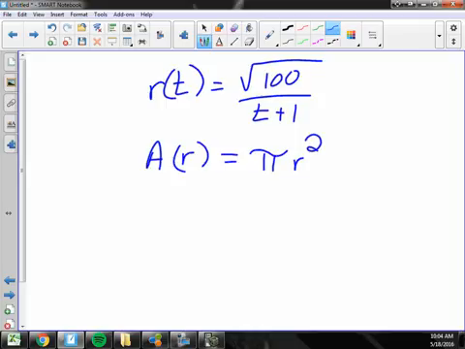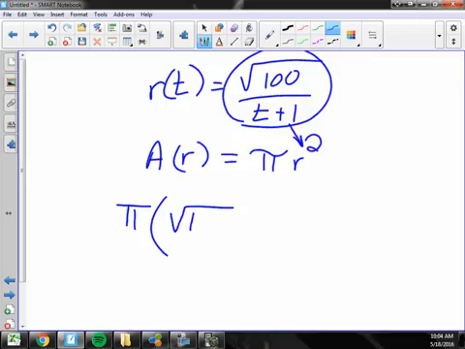So it wants us to compose the two functions and create a function that will give us the area given time. So we have to stick this in here. We can't really compose it the other way, because if we tried to plug it in the other way, there's no t in the bottom equation. It just doesn't work. So we get pi times the square root of 100 over t plus 1, squared.